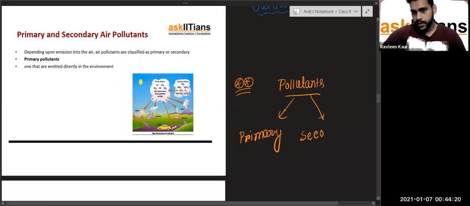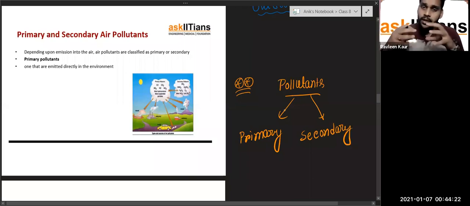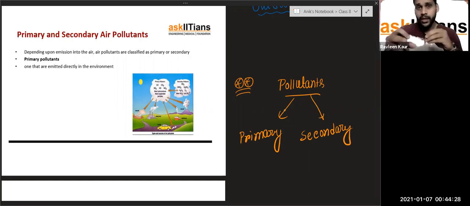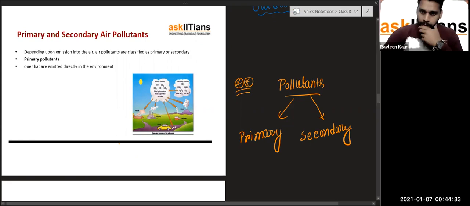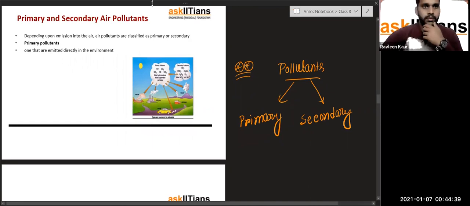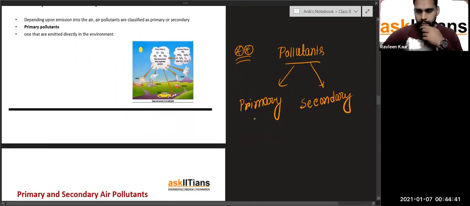Now you can see that primary air pollutants are the air pollutants which are just getting generated from us or from different types of things, and just polluting the air. Let me give you some examples. Think about NO, nitric oxide.